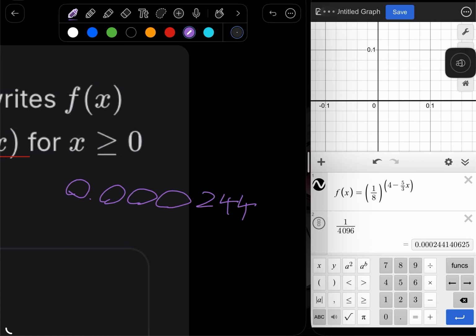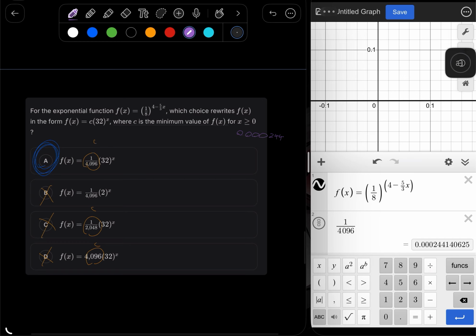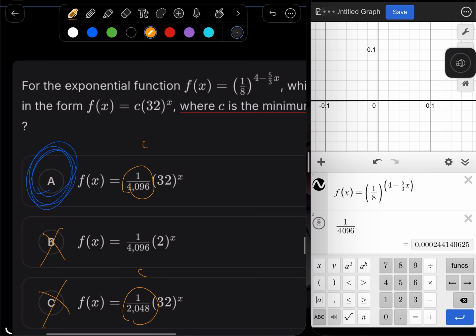So once again, first rule out the answer choice that doesn't even match the form. Because this has a 2 to the x, you can just cross this out, because we're looking for it to have 32 to the x.